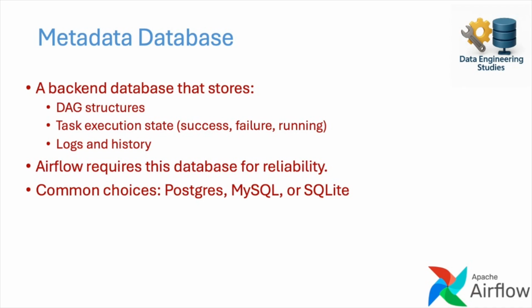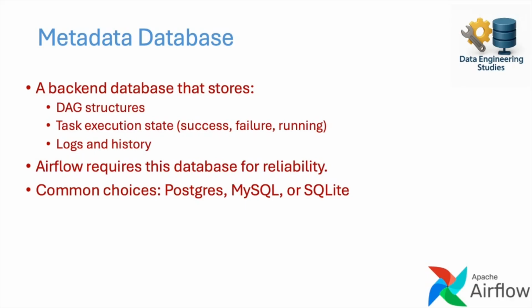Apache Airflow depends on its database for reliability, without which Airflow wouldn't know which task to run, which failed, or what should run next. Some of the common choices of metadata database include Postgres, MySQL, or SQLite. In short, metadata database is the memory of Airflow, keeps track of everything that happens inside workflows.